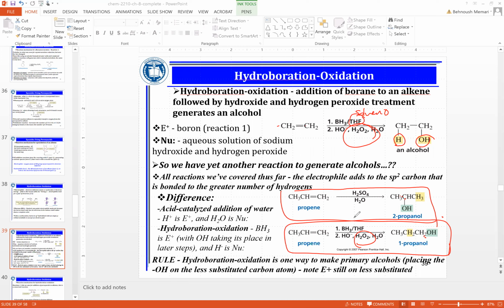It's not written in the books, but you have seen it a couple of times. So when you see H2O2 in the reaction mixture, you know the addition is going to be anti-Markovnikov. H is added to the carbon with the least number of hydrogens, and OH is added to the primary carbon with more hydrogens.